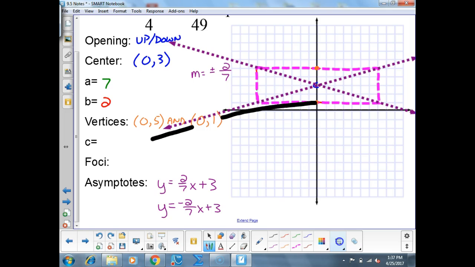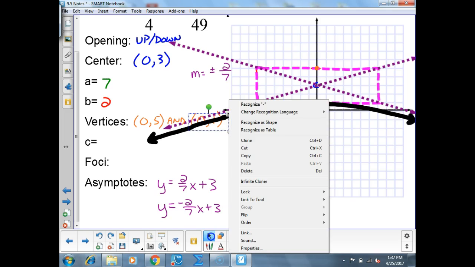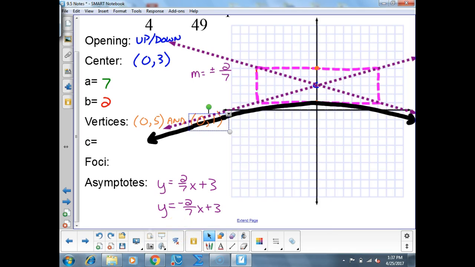I'll skip over that so that it... Now I should be able to do this. Order. Send to the back. There it goes. Don't act like you're not impressed.